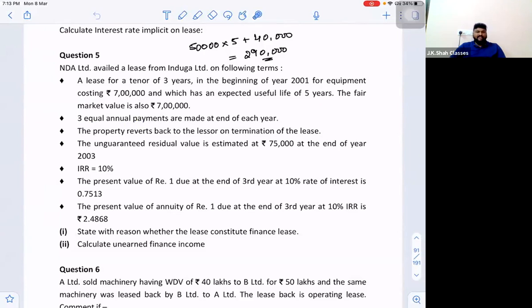Annual payment means at the end of each year, lease rentals are to be paid. 3 equal annual installments for the lease. But sir, amount is not given. What is the lease rental is not given. Okay. The property reverts back to the lessor on termination of the lease. So technically the lessor is again going to take back the possession of the asset at the end of the lease.